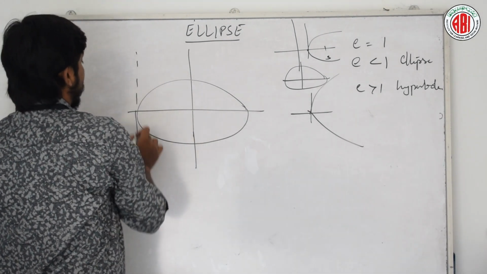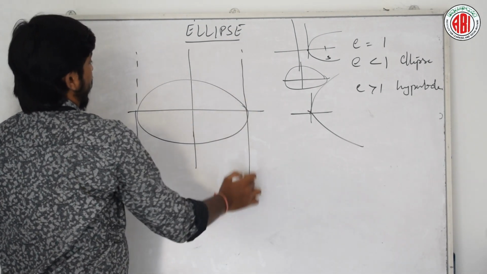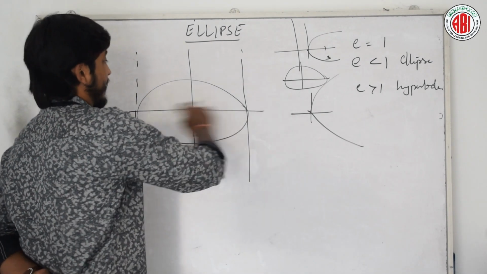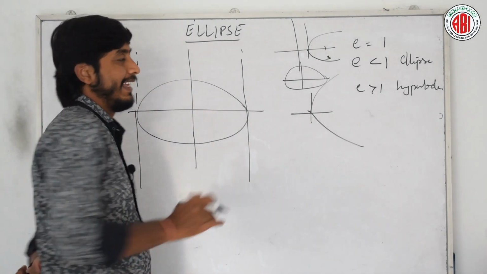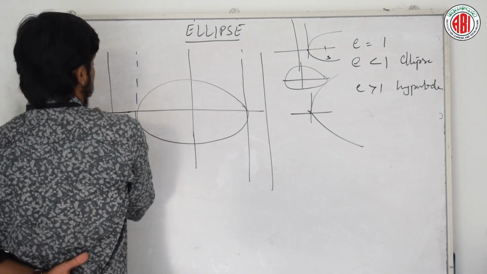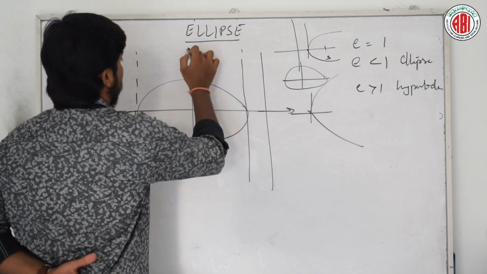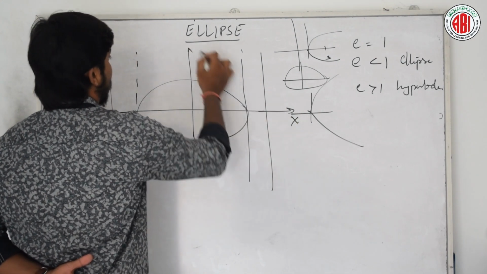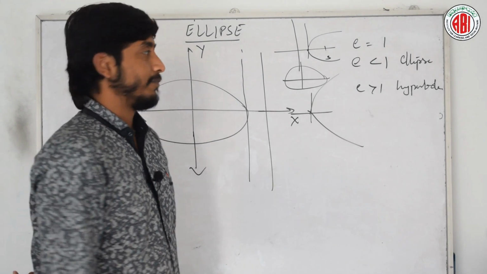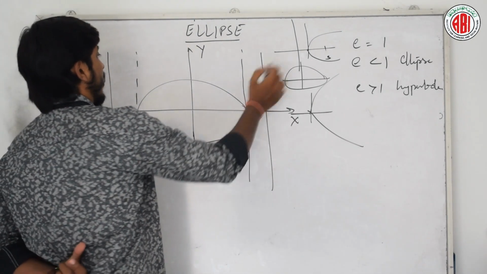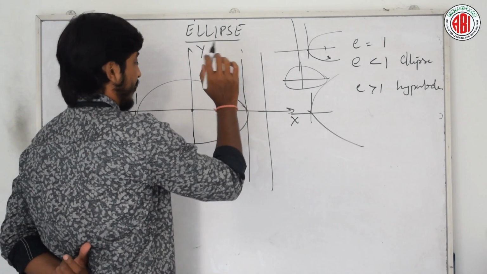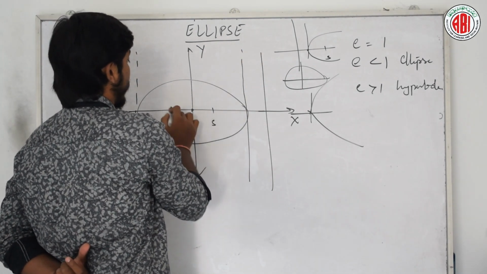Let us consider this as one parabola and this as one more parabola, right? And this is the axis, and this is one directrix, this is one more directrix. This is my x axis and this is my y axis. Now, let us say this is the center. We will have 2 foci here.